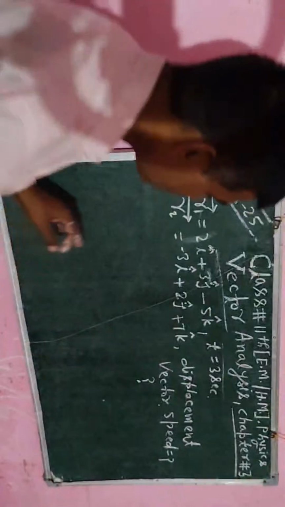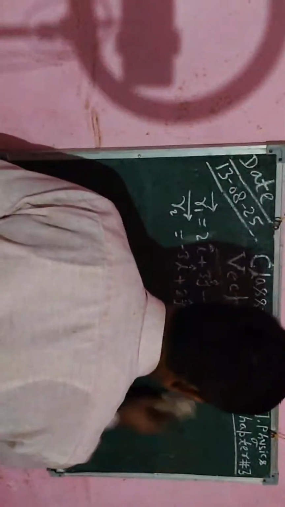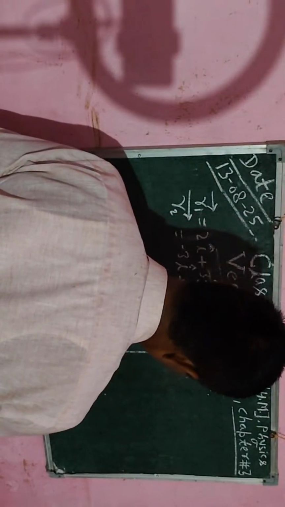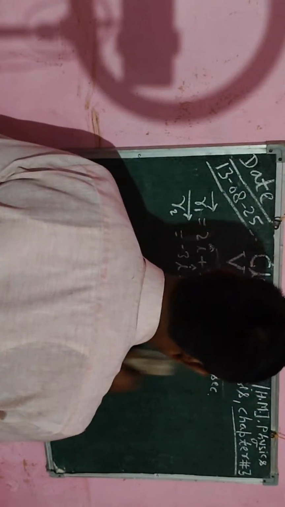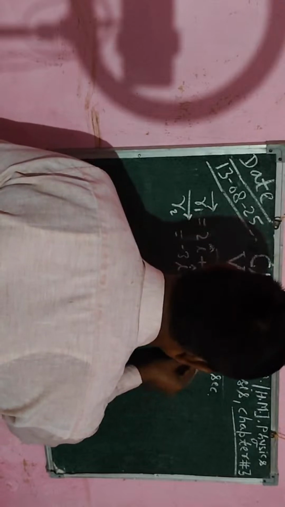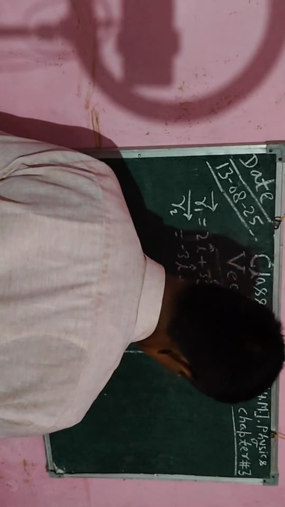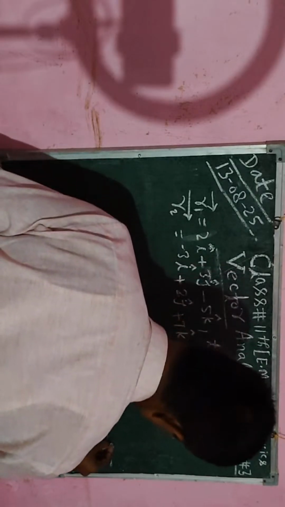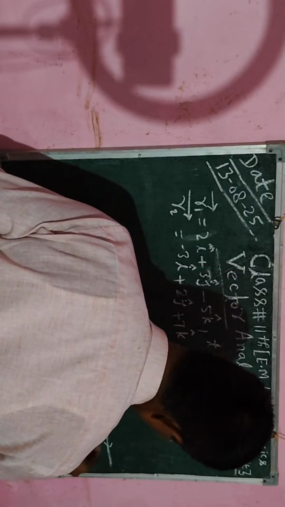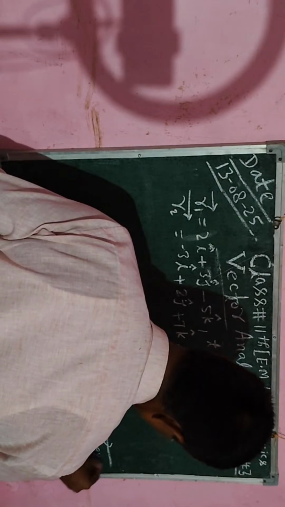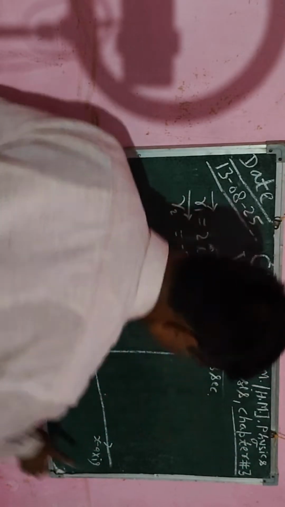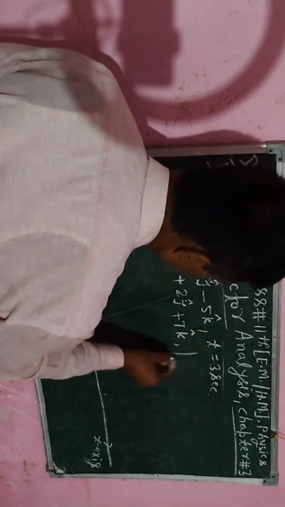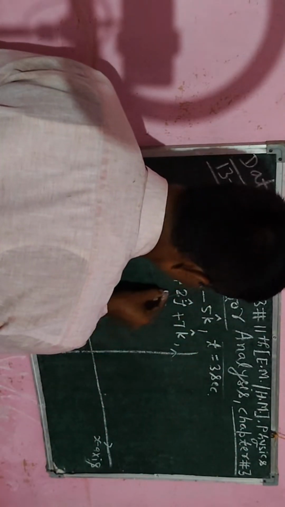Okay, so now I am going to draw the xy plane. Now one line I will draw which is parallel to the vertical axis, that is the y-axis. Now one line I will draw parallel to the horizontal axis, that is the x-axis. So here I have to write x-axis. Now this line I will say y-axis.